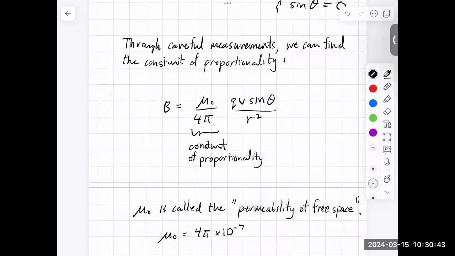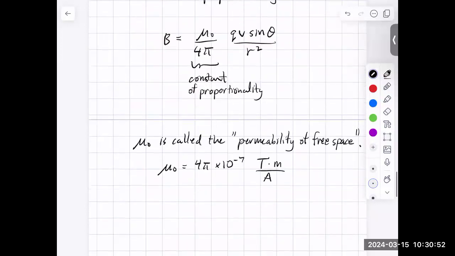And it has units of Tesla meters divided by amps. So that means the entire constant, mu naught divided by 4 pi, is just equal to 1 times 10 to the minus 7 Tesla meters per amp.